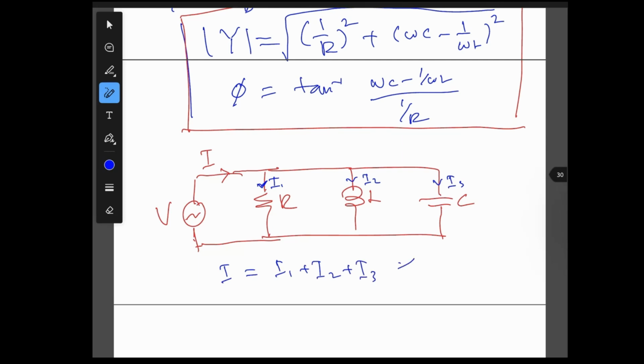This is Kirchhoff's current law. Kirchhoff's current law says that the total current entering a node is equal to the total current leaving.